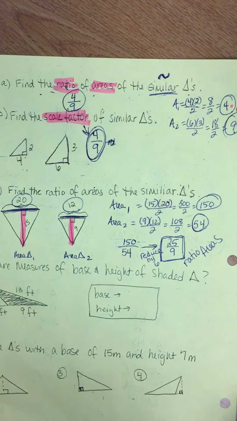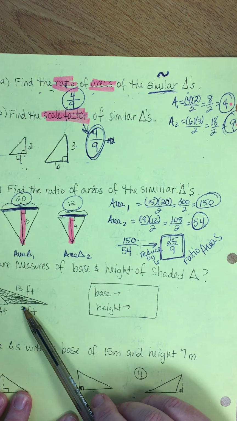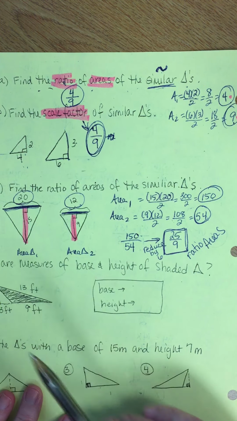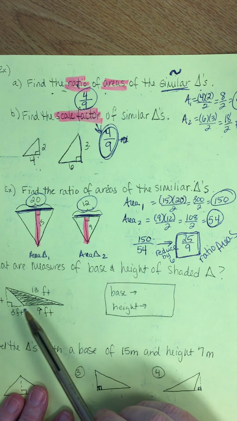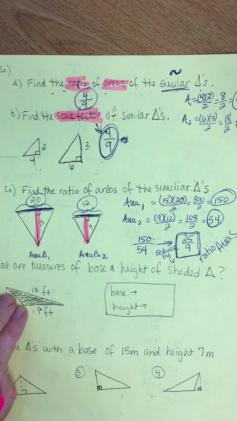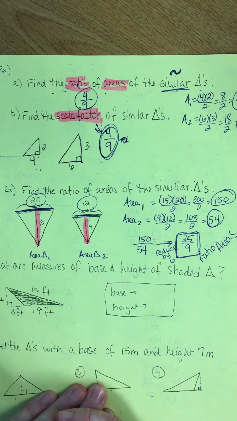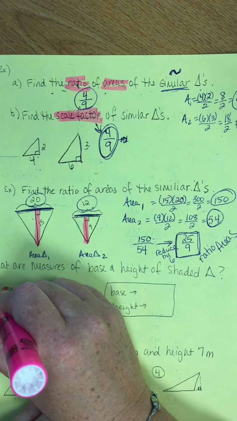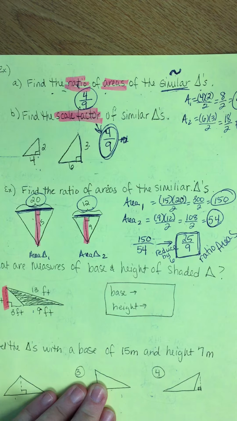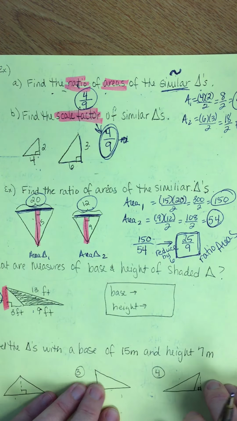Okay, what are the measures of the base and height of the shaded triangle? Notice this, my friends, is an obtuse triangle. So I need my base and my height. Well, it looks like my height is outside. Which one's my height of all these measures? You're correct, 5 is your height. Which is your base?